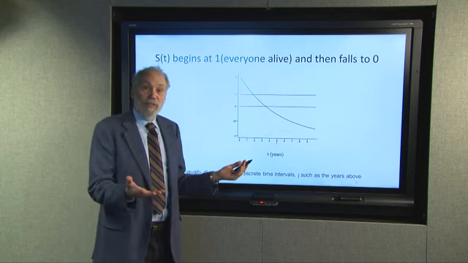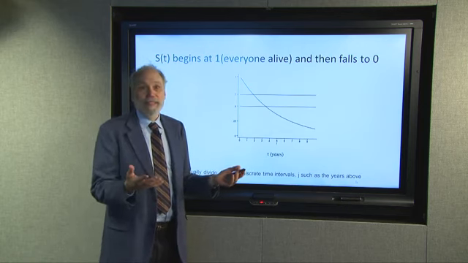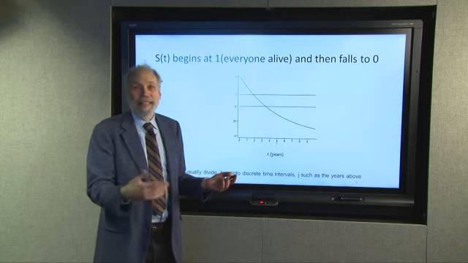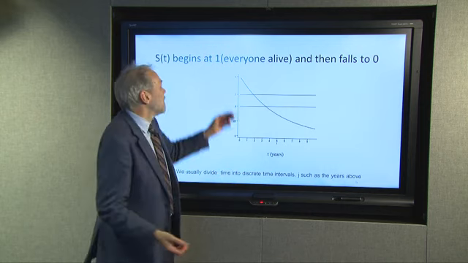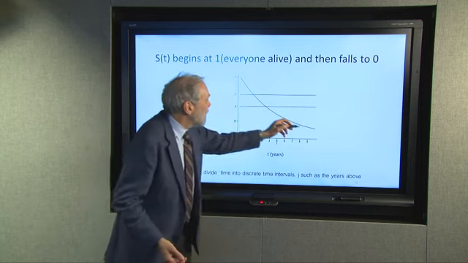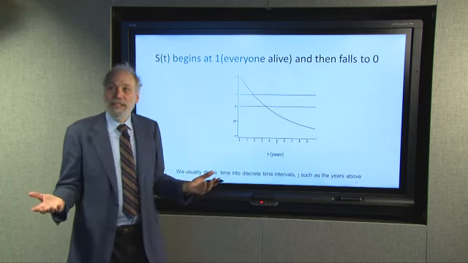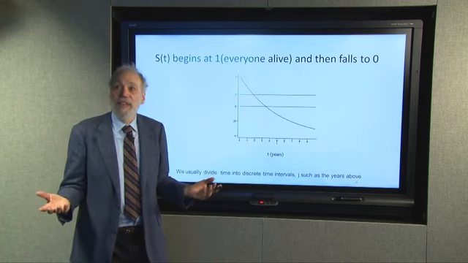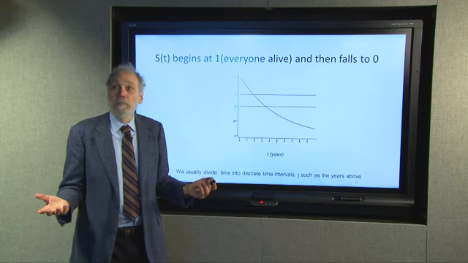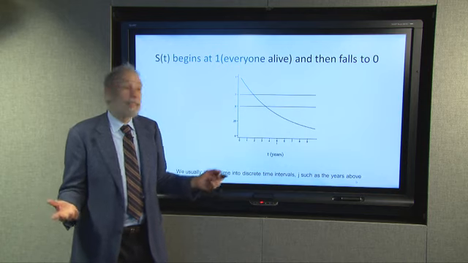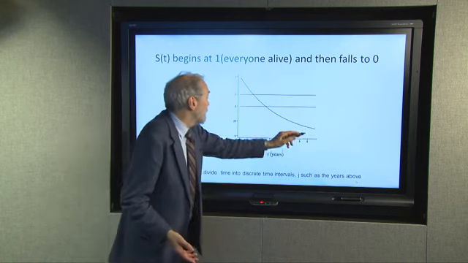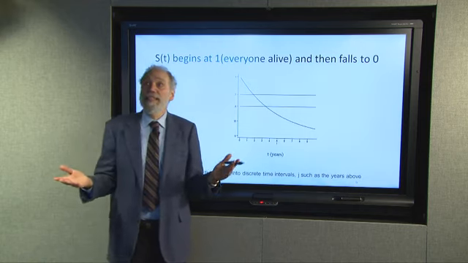Everyone's alive when you recruit them, because if they're dead, they probably didn't answer your questionnaire very well, and then as time goes on, fewer and fewer of them are alive. Now, in this case, they're dying off pretty fast.